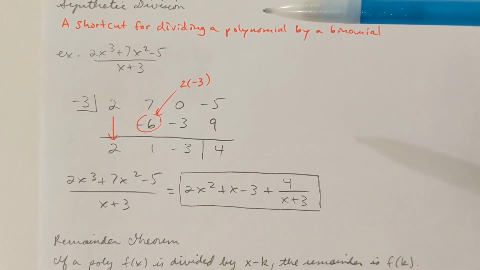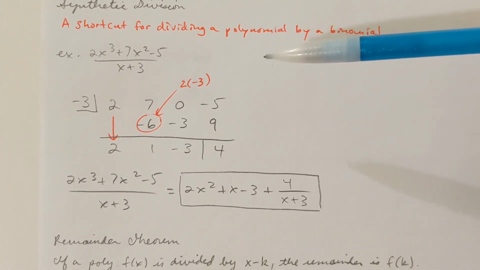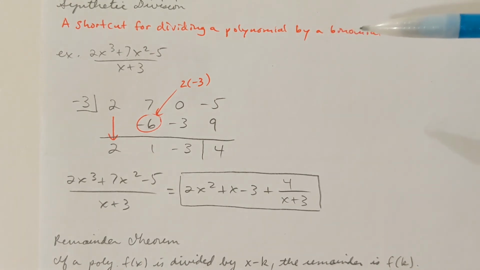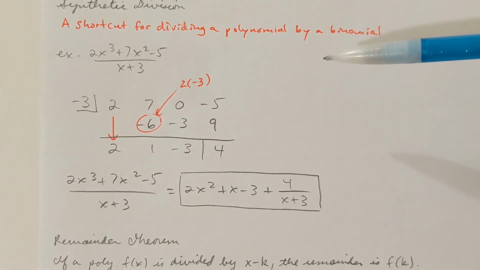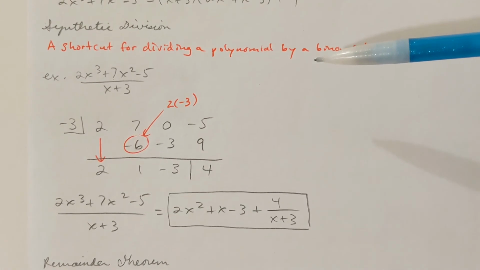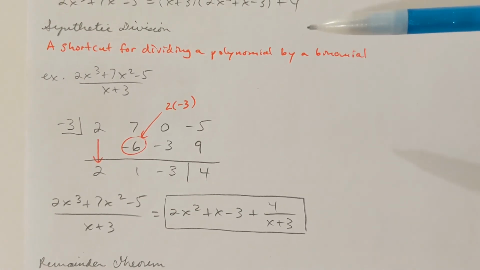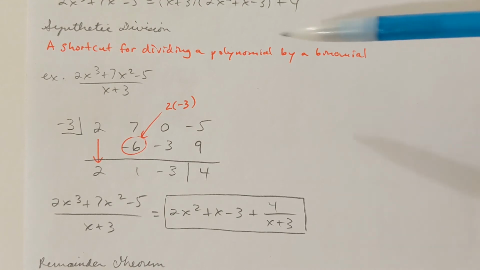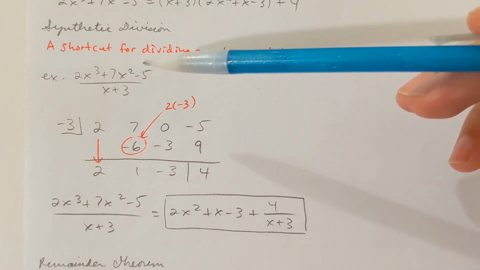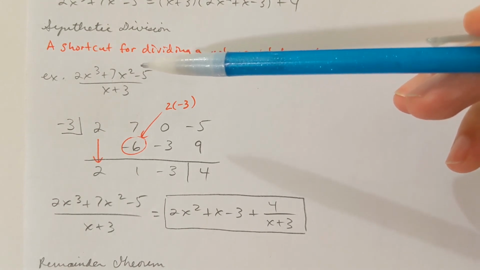In general, synthetic division, I believe, is a quicker option for dividing a polynomial by a binomial. Now you can only divide a polynomial by a binomial to make it work. So there is a condition on the division part. If you're dividing by anything other than a binomial, synthetic division does not work. It does not apply.